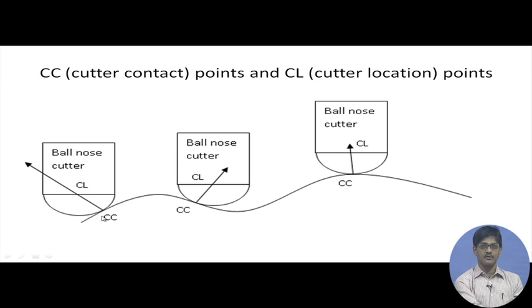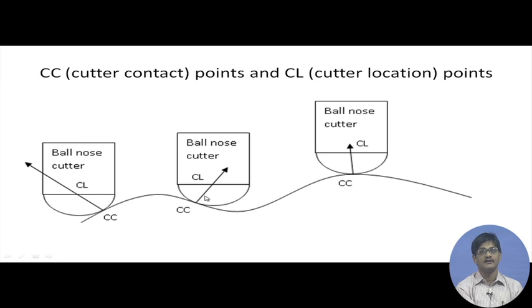So, this is one cutter contact point, this is another, and a third, which clearly shows cutter contact points are not one steady constant point with respect to the cutter geometry. Cutter contact point might be anywhere. So, if we identify a cutter contact point on the surface, the cutter cannot be uniquely positioned there.